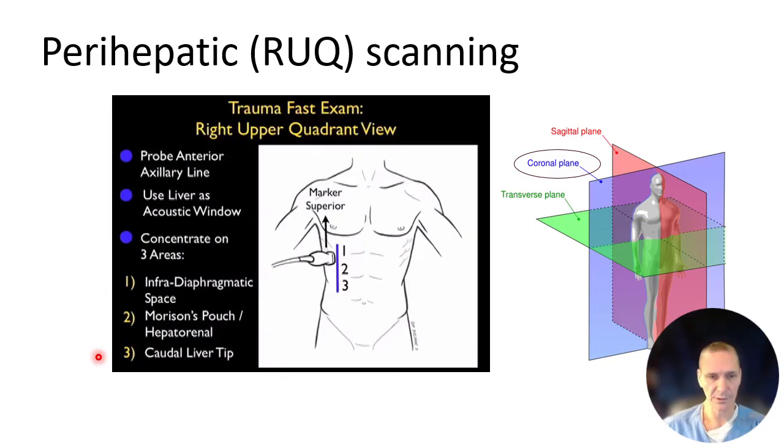The reason we look for all three is that when we look around the diaphragm, we're also looking for hemothorax. Morrison's pouch, because this is the most likely area for blood to collect. And the tip of the liver, so you can truly call the exam negative. However, I have learned, just report your findings. If you don't see blood, say as such. I would use caution calling any exam negative.